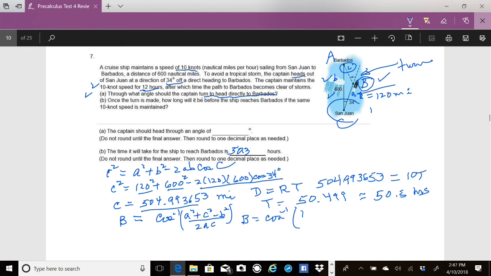A squared is 120 squared. C squared is 504.99 squared, minus B squared, which is 600 squared, divided by 2AC, which is 2 times 120 times 504.99.